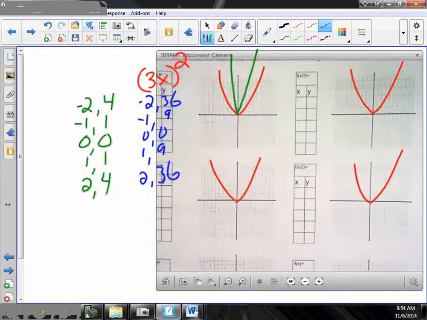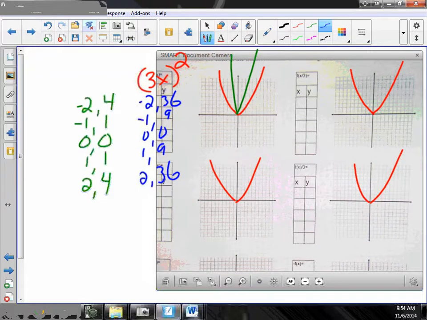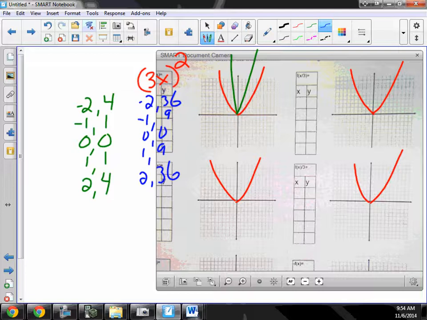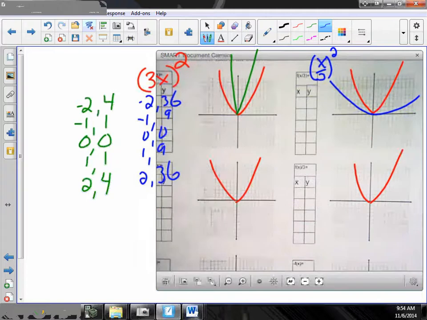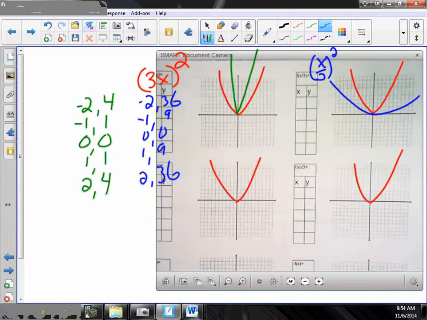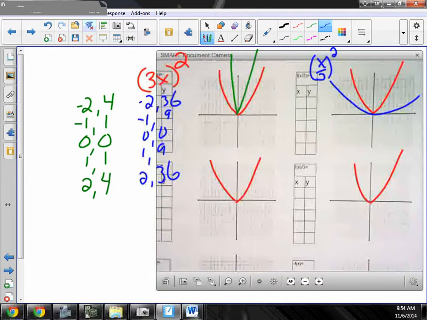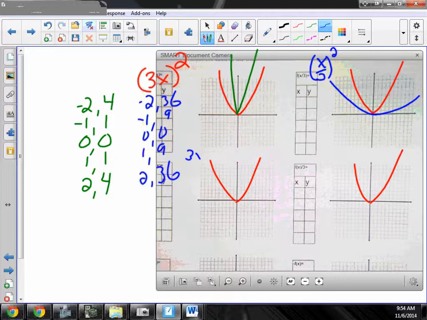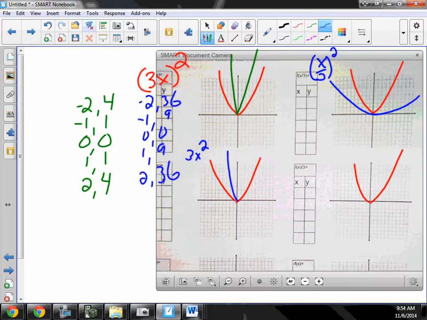Thanks. Okay, so this one is a lot steeper. Okay, if we move over to x over 3 squared, what did that look like? It was really wide. Yes. Okay, what about 3x squared? What did that look like? It was much steeper. And then what about x squared over 3?